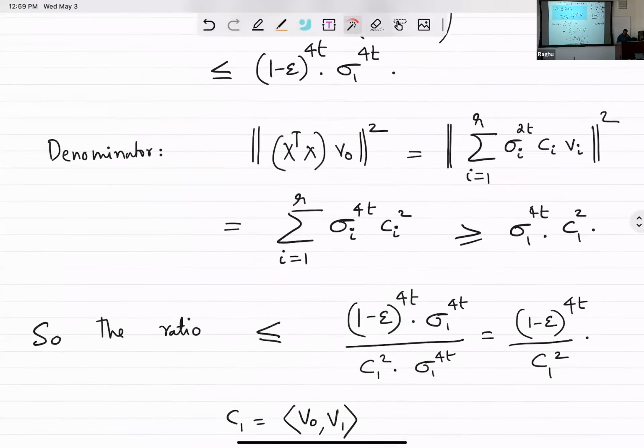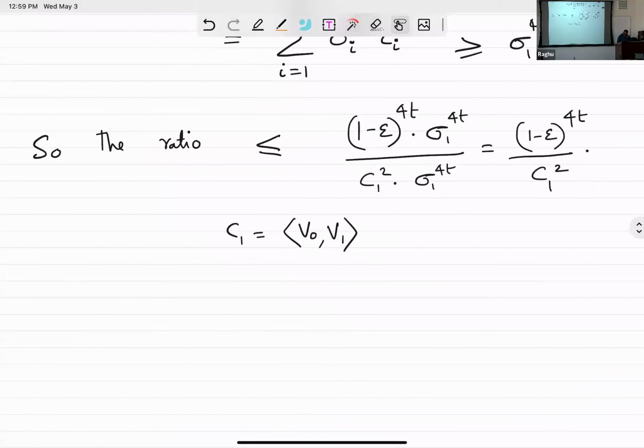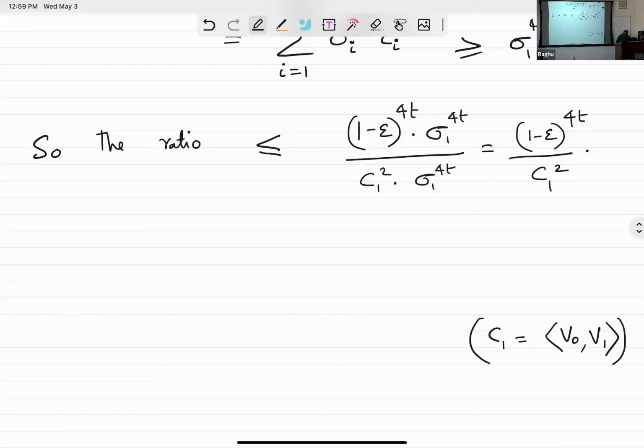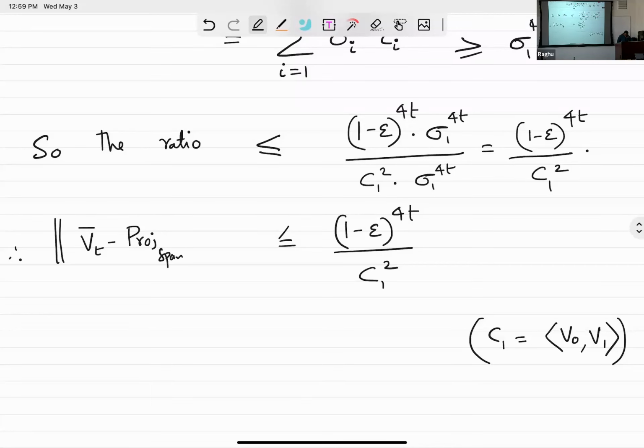Okay. So what do we get? Equals, therefore the length squared of the error goes down as this.